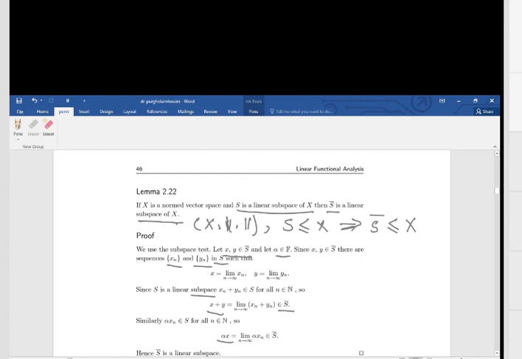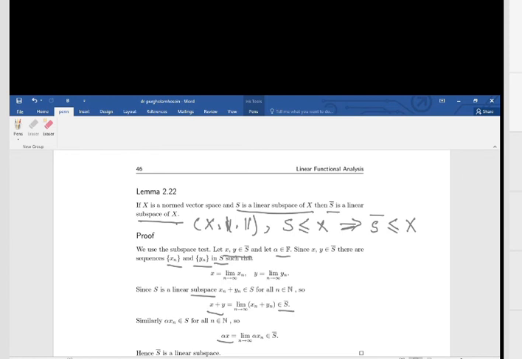What does it mean that the closure of S, or S bar, is a linear subspace? It means that for any two members x and y in S bar and any scalar alpha in the field F, we should prove that alpha x plus y must be in S bar.